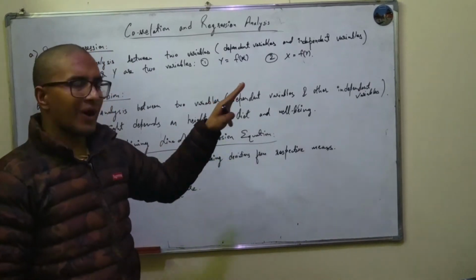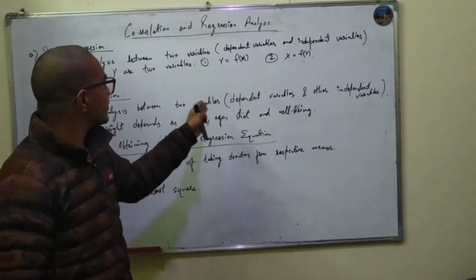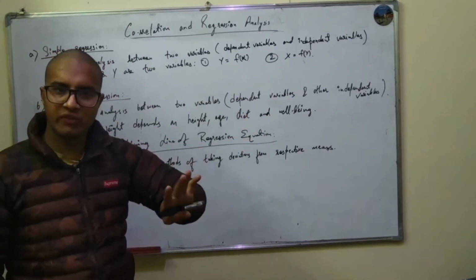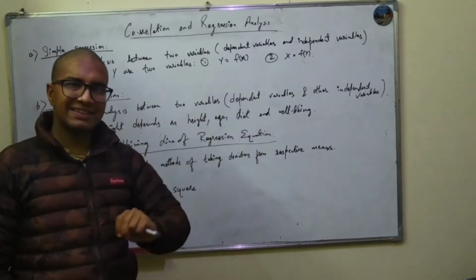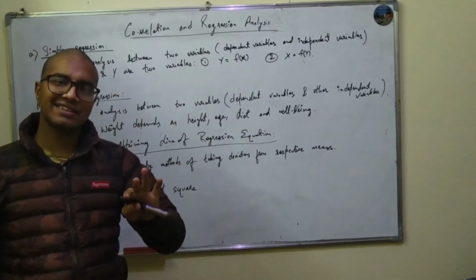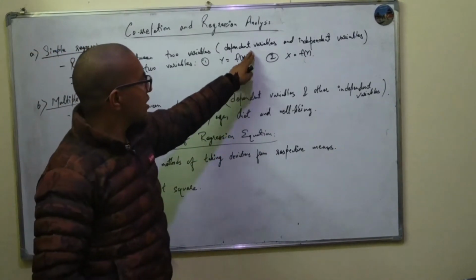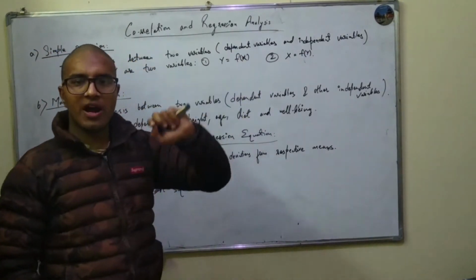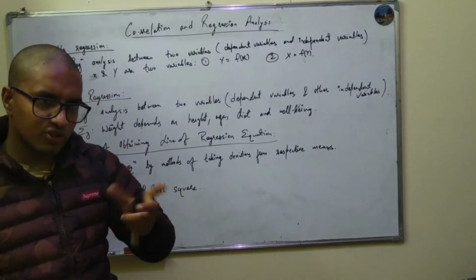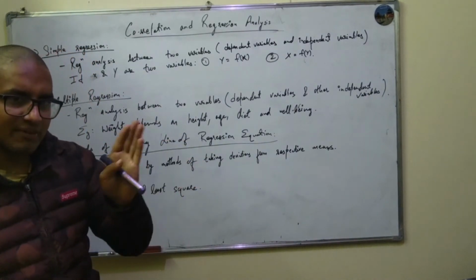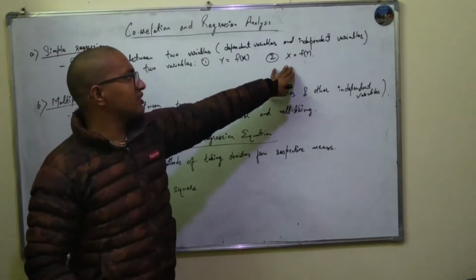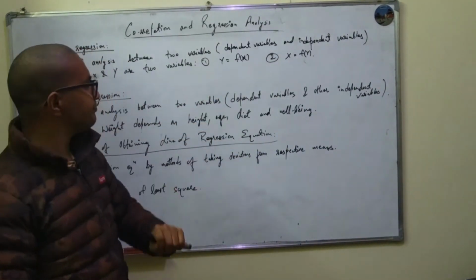One is dependent on the other. So if x and y are two variables, and y is a function of x, then y is dependent on x, right? Any change in x will change y. If it is x on y, then x is dependent on y, so x is a function of y.